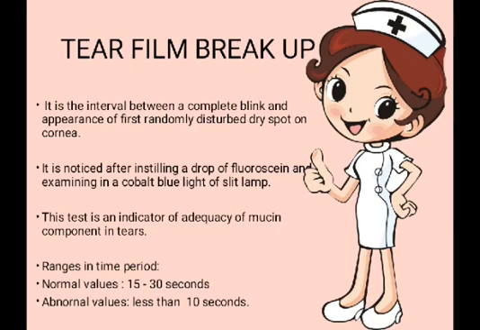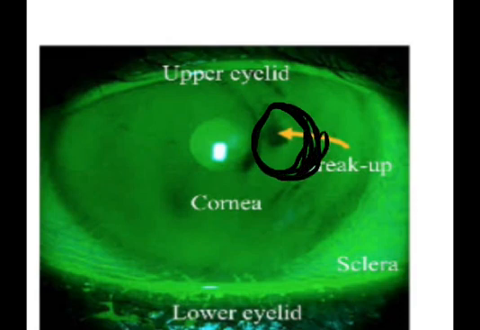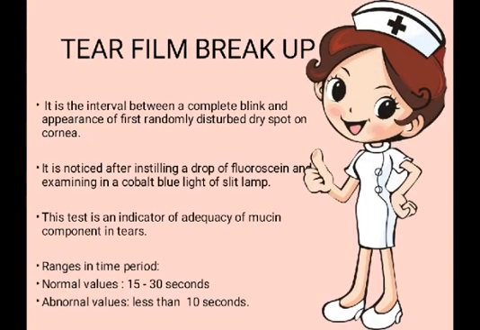To get the result, we allow the patient to sit at a slit lamp and instill the fluorescein stain. If the dry spot appears on the cornea before 10 seconds, this should be considered an abnormal value. Sorry, if it appears after 15 to 30 seconds, then it is considered normal.